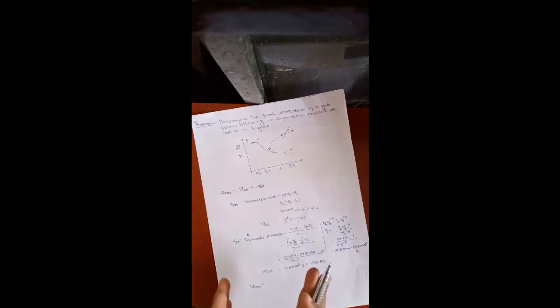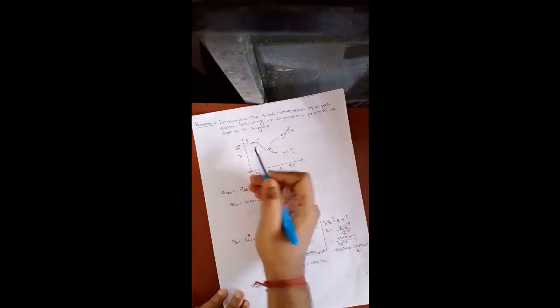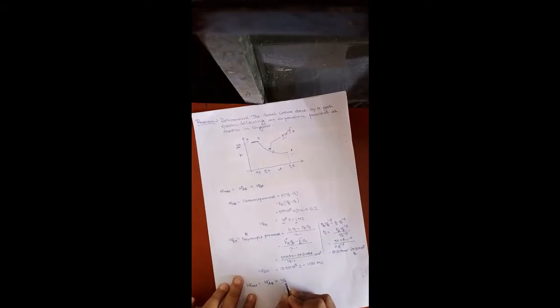As this is expanding, we have to consider that this diagram is for the system and the work done we will find out for the system. That means the system is expanding, so it is the work done by the system, and we will take this one as positive. So W net is WAB plus WBC.